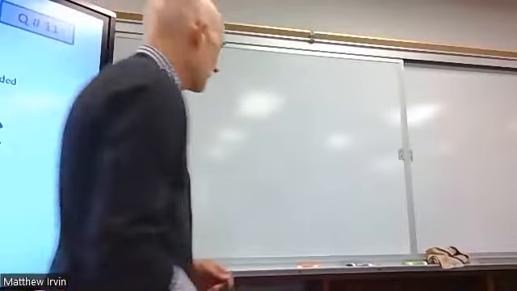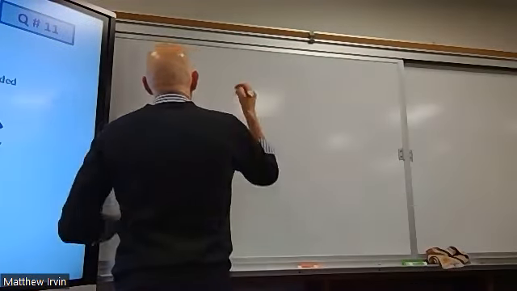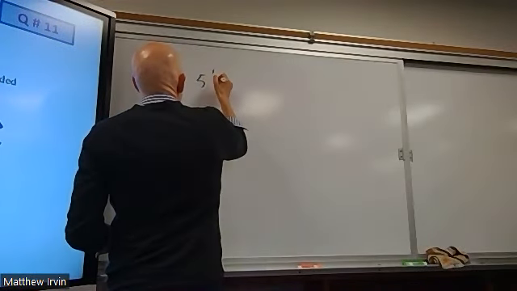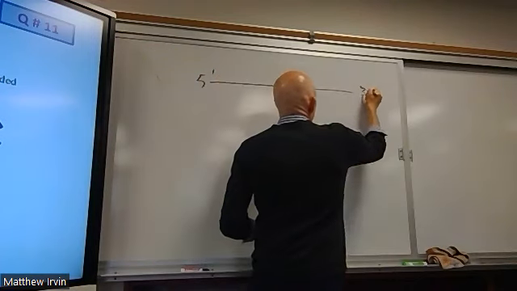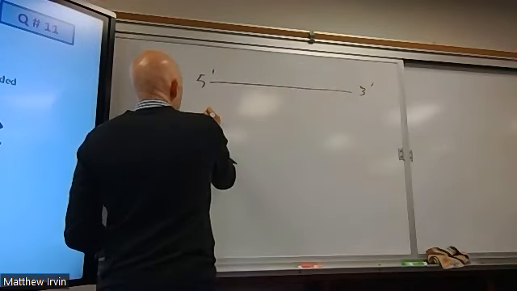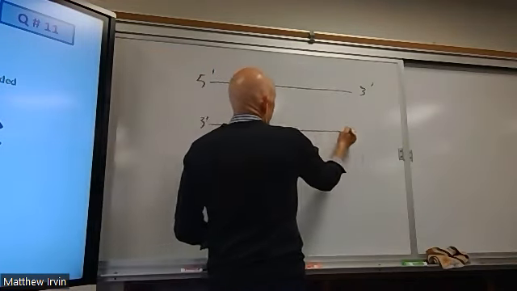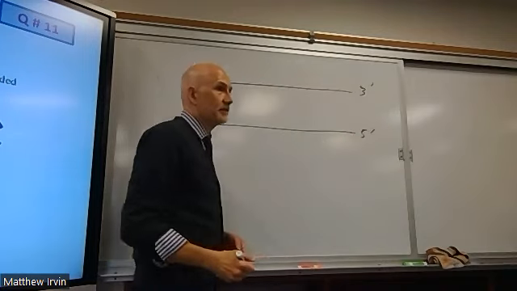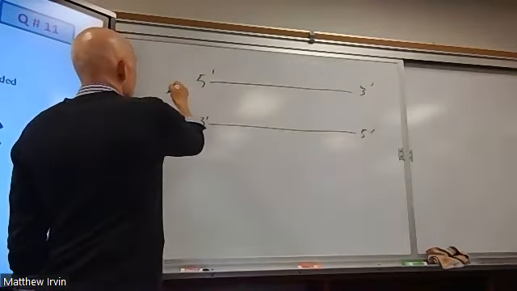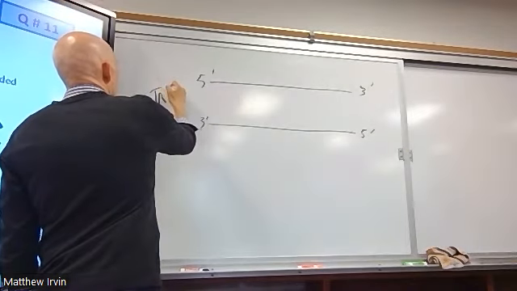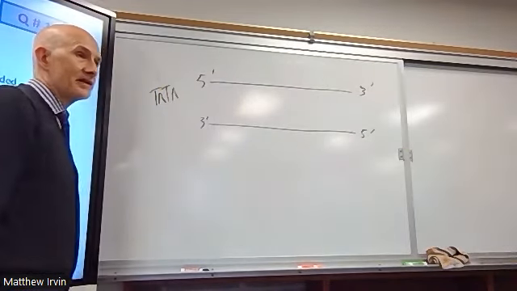Let's turn to the board. So if we have a DNA strand and my DNA is running 5' to 3' this way, my opposite strand is 3' to 5' like that, anti-parallel. So let's say that this is where my promoter region is on that end.